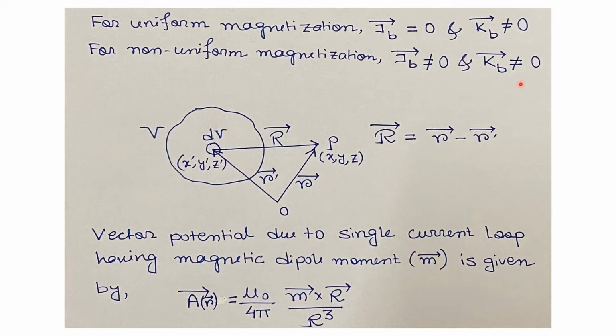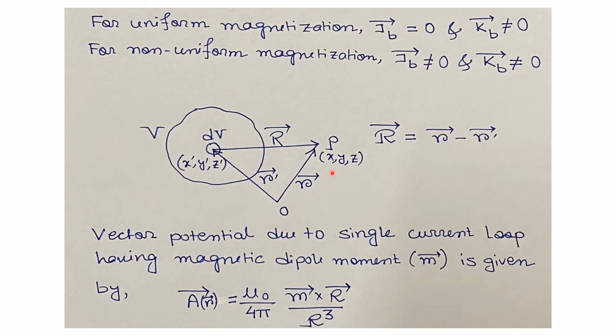Now we'll try to relate these current densities Jb and Kb to the magnetization of the magnetized material. For this, we'll consider a magnetized material kept under an external magnetic field B and the system will have volume V. Inside this system, we'll consider an elementary volume dV whose coordinates are x dash, y dash, z dash from the origin.